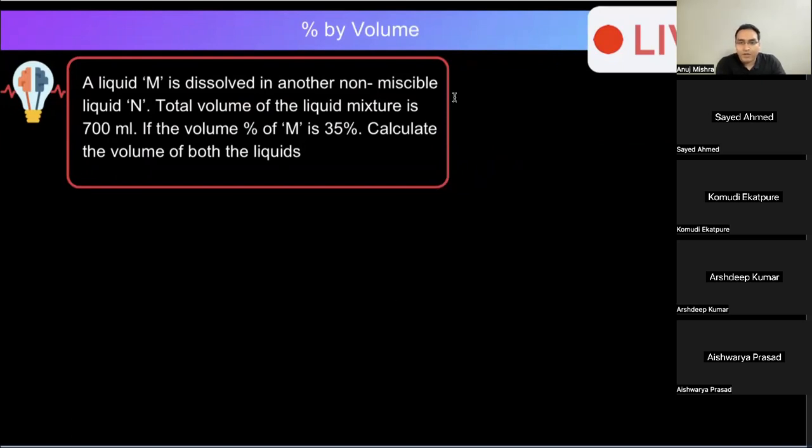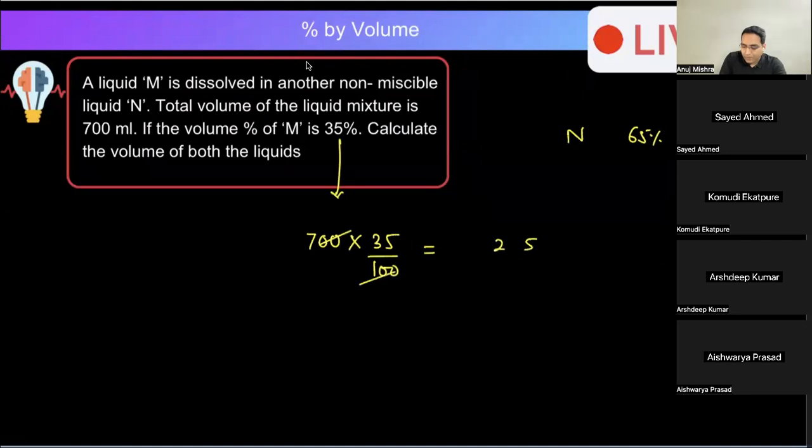Very good. I'm getting answers. 245, 455, 245, 455. Are all of you able to do it? It's an easy question, right? M is 35%. N is how much? N will be the remaining 65%. Whose percentage do we need to find? We have a total of 700 ml. So what is 35% of this? 700 into 35 by 100. And this maths you can solve. The two 100s cancel. 245 ml is the value.